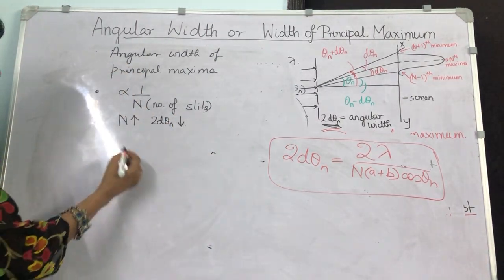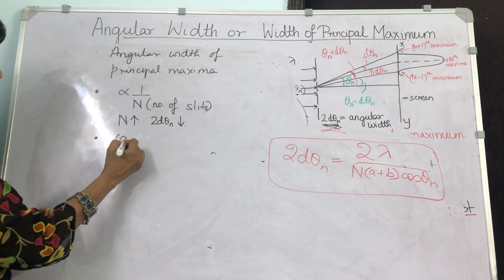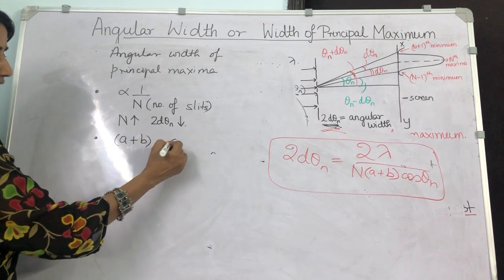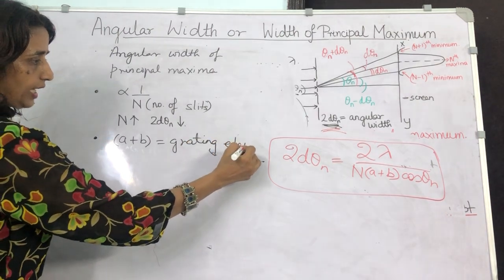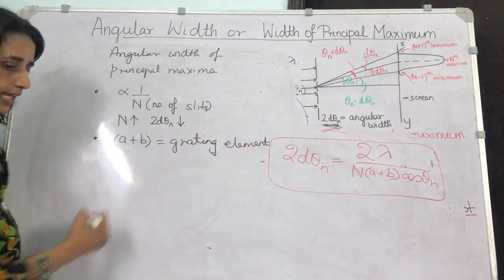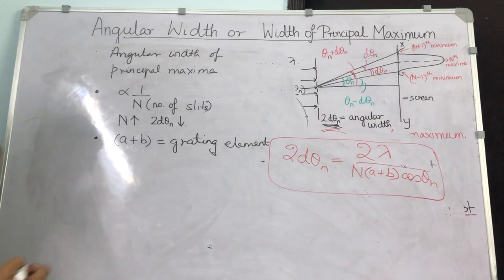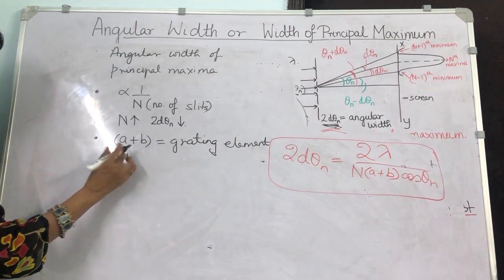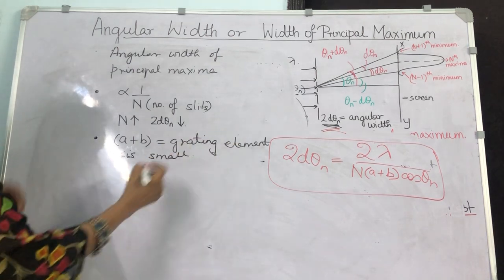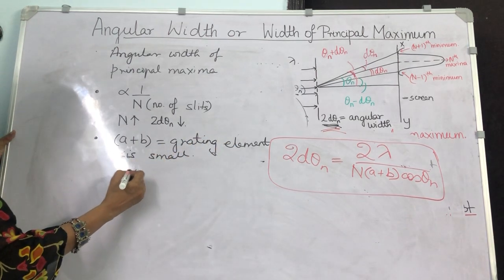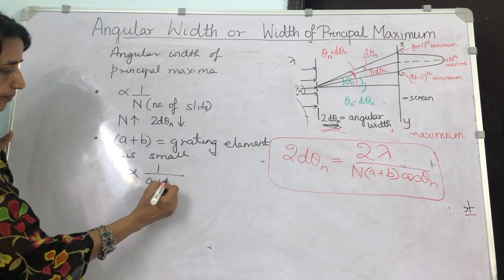Next, if you look at a+b, the grating element, if a+b is small, then the relationship again is inverse, 1 upon a+b.